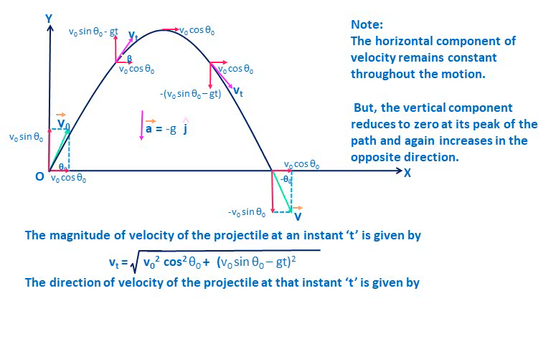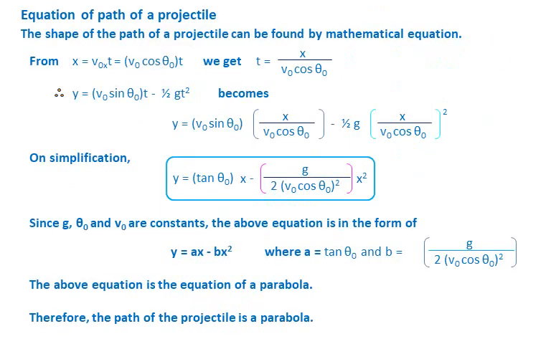And the direction of velocity of the projectile at that instant t is given by tan beta equal to v0 sin theta naught minus gt upon v0 cos theta naught. So by using these equations you can find out the velocity at any instant by putting the values of t at different times.